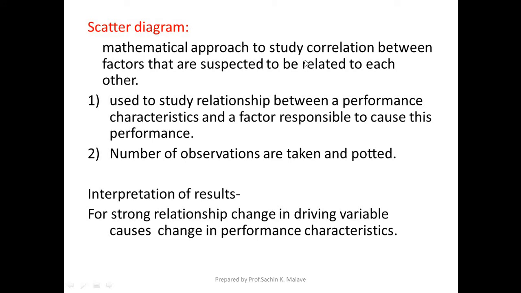If you are doing any kind of experiment, you are trying to find out the relation between various factors so that you can interpret a particular phenomenon. So you want to find out whether there is a relation between various factors, isn't it?